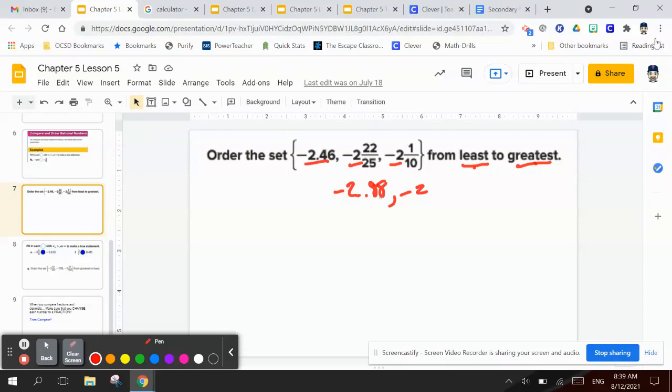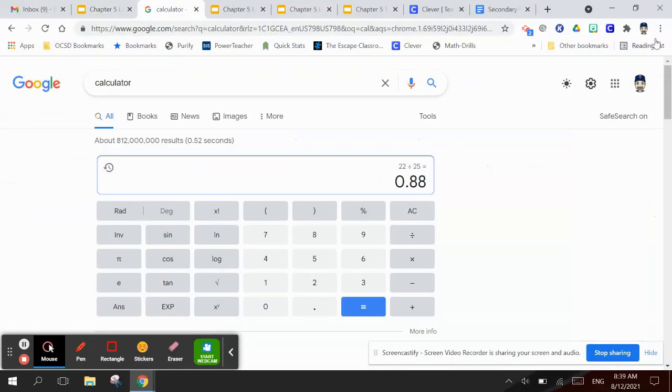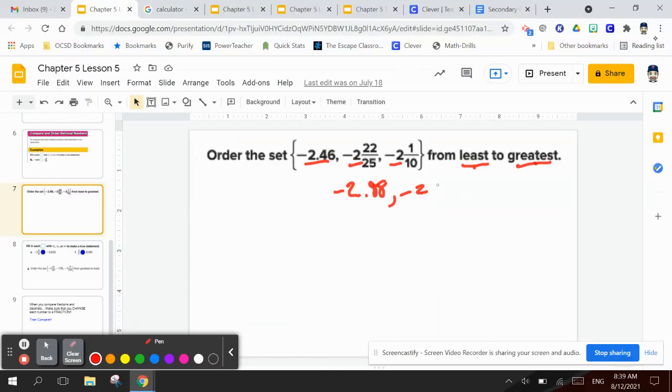And then 1/10. I take 1 divided by 10 to give me 0.1. Again, it's terminating, it stops. So we're going to go back, and it's negative 2.1. So I'm going to compare all of these. This one has 2 numbers after the decimal, this one has 2 after the decimal, this one only has 1.